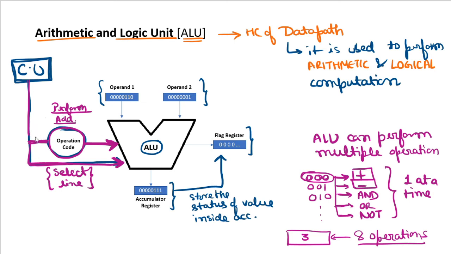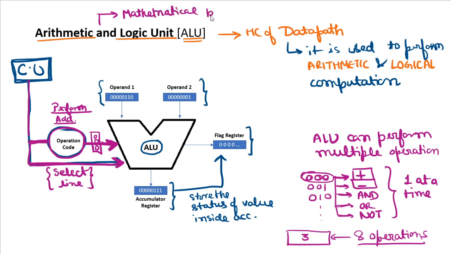In that case, the control unit will send 000, and this 000 will go as the operation code here. So this is the ALU. We also call the arithmetic and logic unit the mathematical brain.